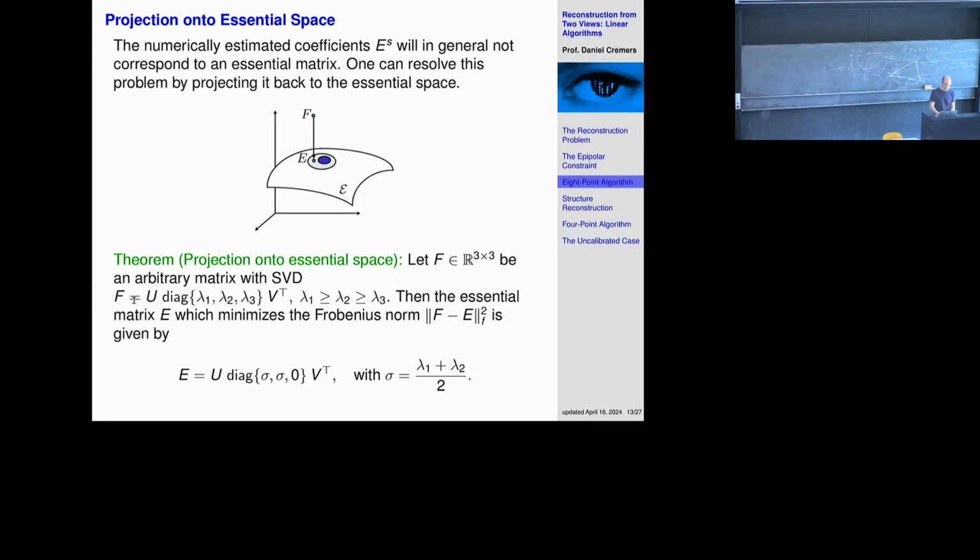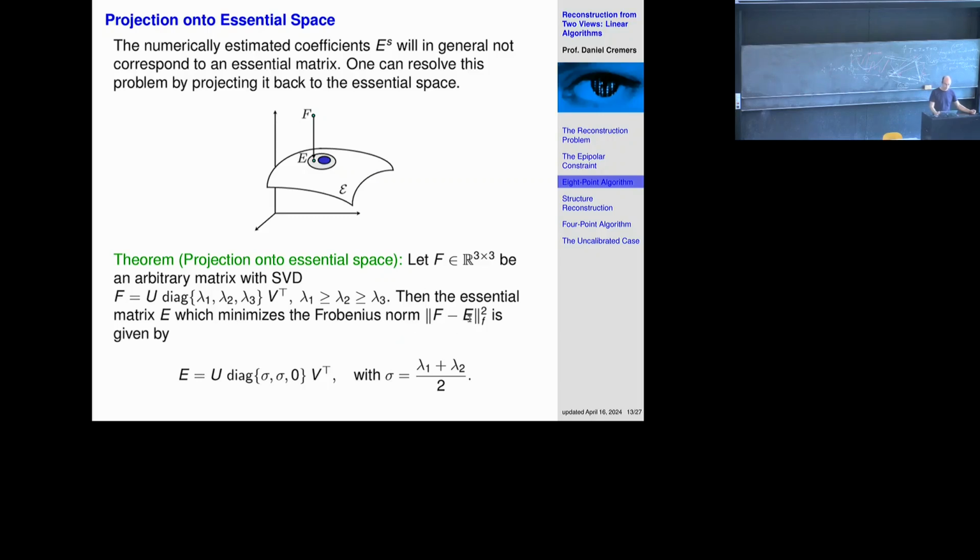You compute the singular value decomposition of your matrix F with three singular values, lambda 1, lambda 2, lambda 3, which can be non-zero, they can be anything. Let's assume they're ordered in size: lambda 1 is the largest, lambda 3 the smallest.